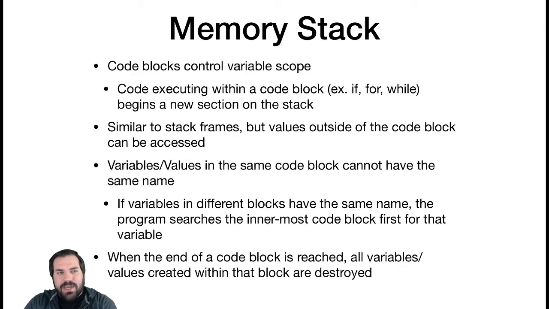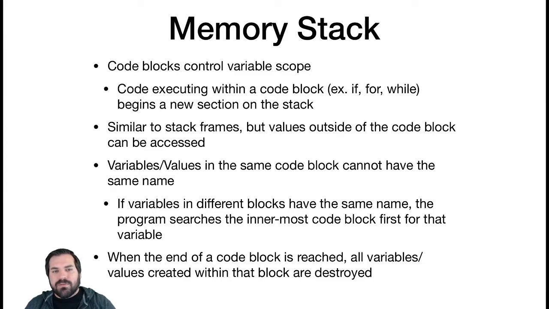Similar to stack frames, we also have code blocks which create variable scoping differences. Every time we enter a new code block, which is an open brace, we're going to create that block in the stack. This is similar to a stack frame, except we can escape and read values outside of that code block.